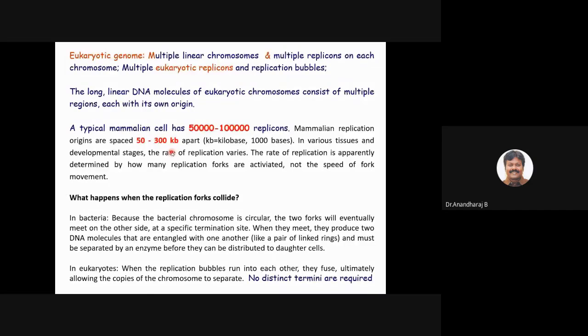Yeast, a lower eukaryotic cell, was the first system in which multiple replicons were identified in eukaryotes. The expression patterns of the replicons will differ between stages and tissues, but the replication speed will be the same.